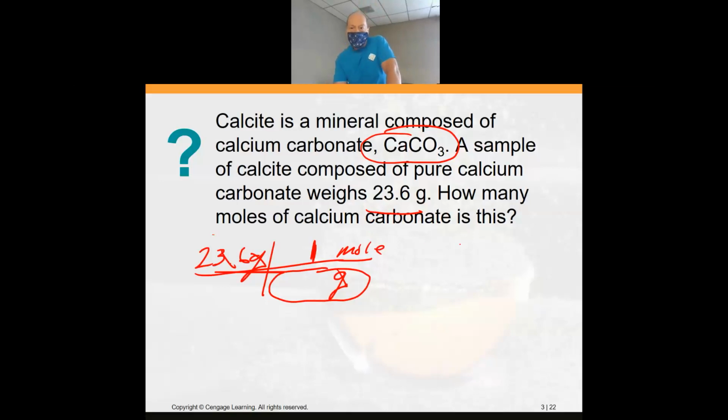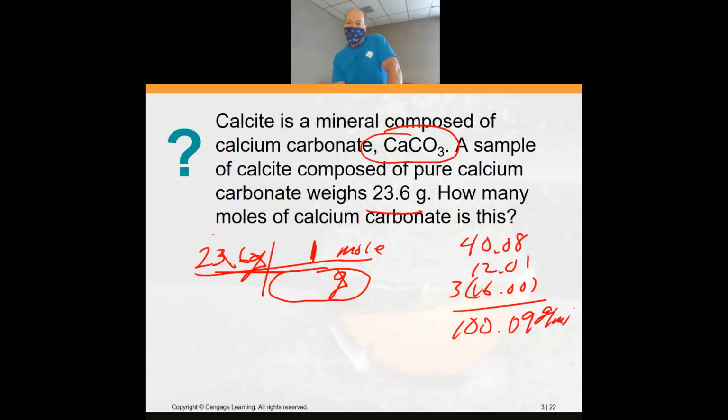All right, and so calcium is 40.08, carbon is 12.01, and then 16.00 times 3. That is calcium carbonate: 1 calcium, 1 carbon, and 3 oxygens off the periodic table. 48, 50, 60, 100.09 grams per mole.